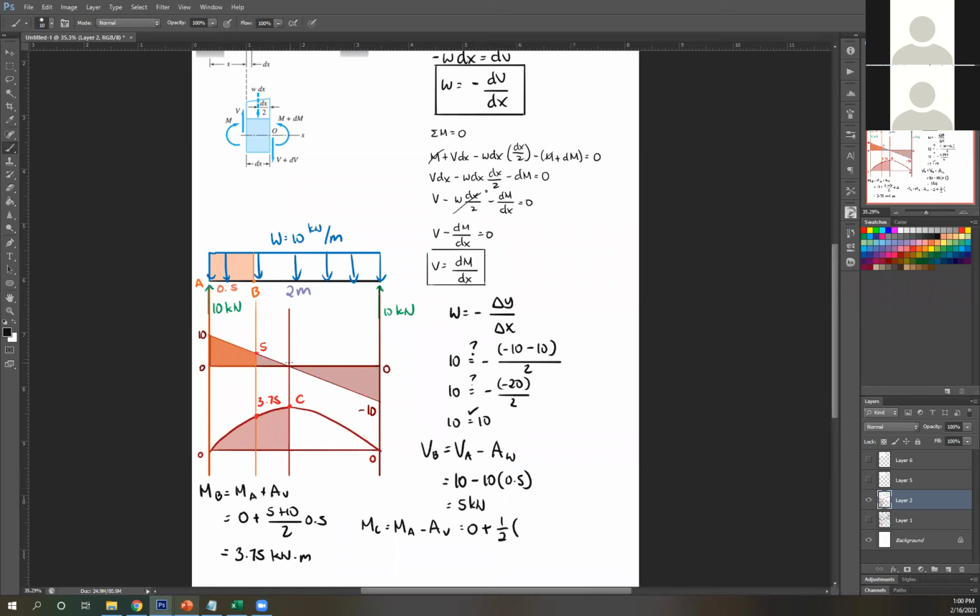So how do I know this is the half point? Usually, if you have a uniformly distributed load, your shear force diagram will hit the 0 mark at the center of that. That's why this is 1.